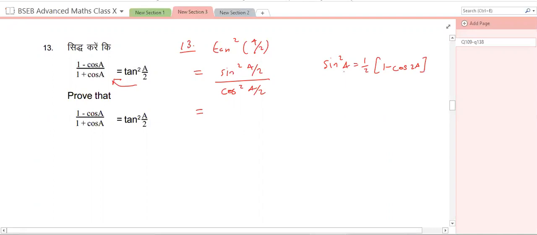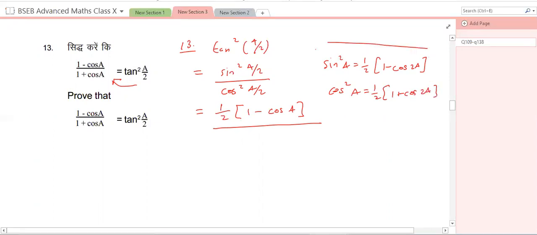So in this case, we are finding A over 2. We need to take twice A over 2. So what we're going to get here is half into 1 minus cos A divided by, now cos squared A is equal to half into 1 plus cos 2A.